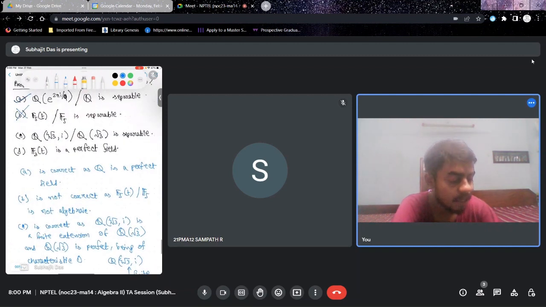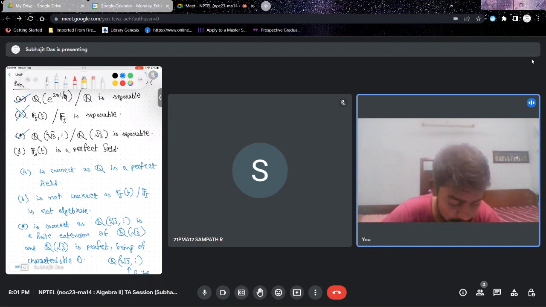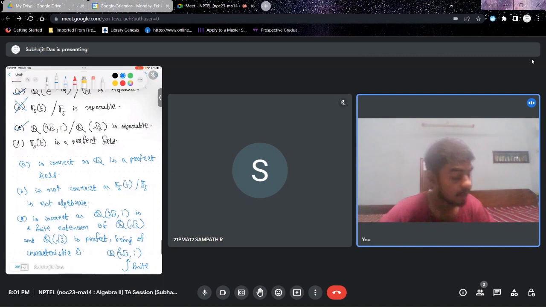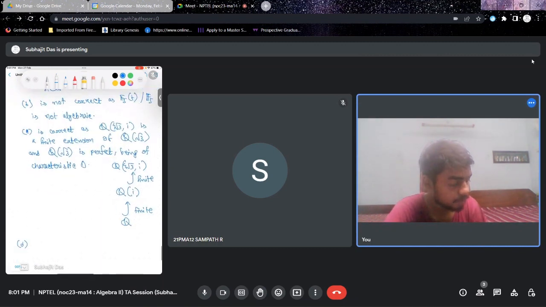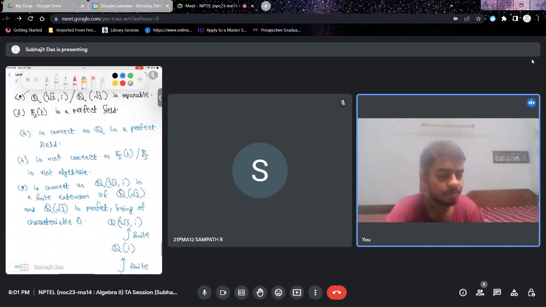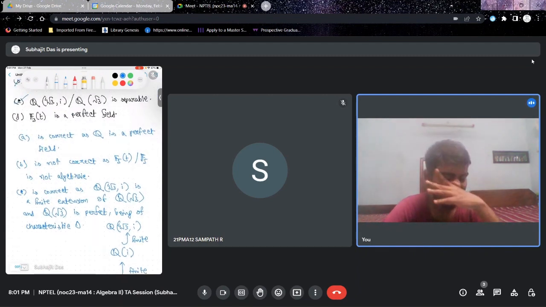This is separable. Every finite, or in fact every algebraic extension of a perfect field is separable. Yeah, so what was option D? Option D, whether F3(t) is perfect or not. Maybe you can try this before we stop. Is F3 adjoined with t a perfect field or not? What do you think?